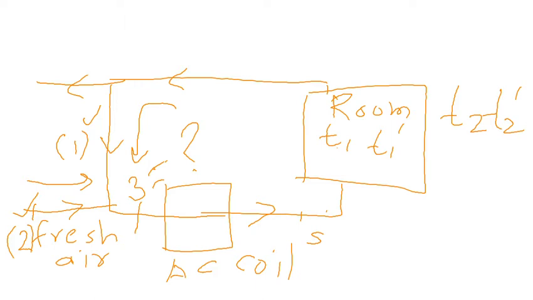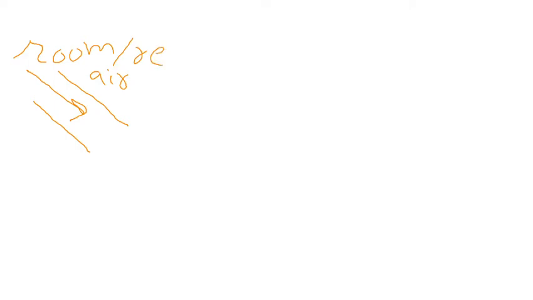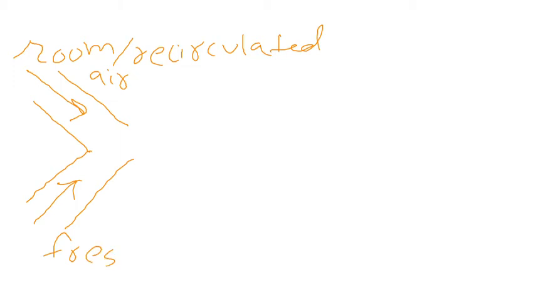So this problem becomes now a mixing problem, wherein I will draw this. Let us say this is your room or recirculated air, and this is your fresh air, or it is also called ventilation air.